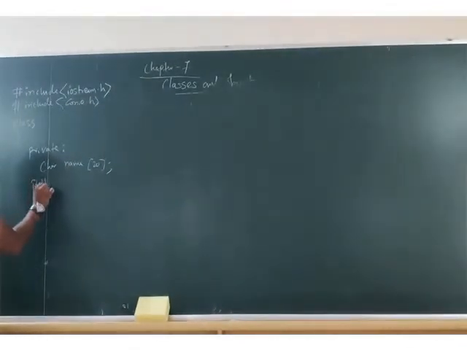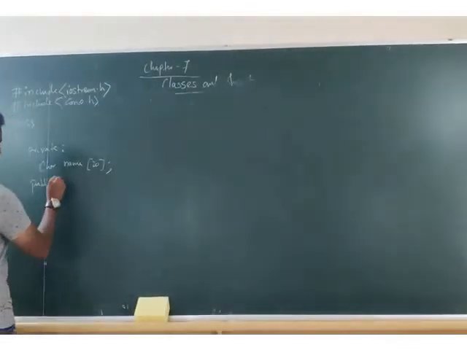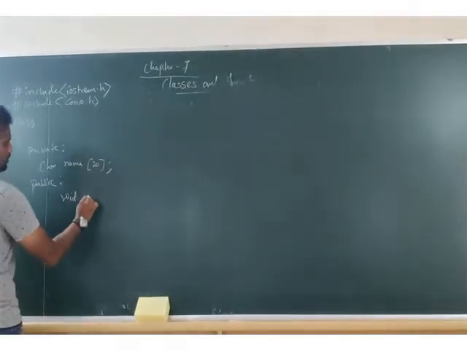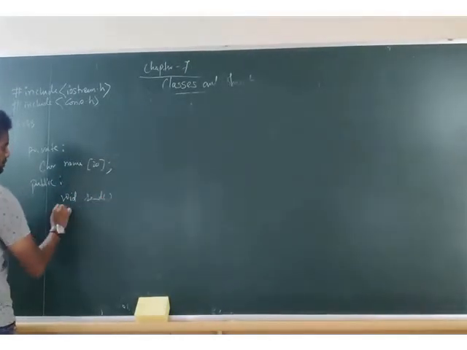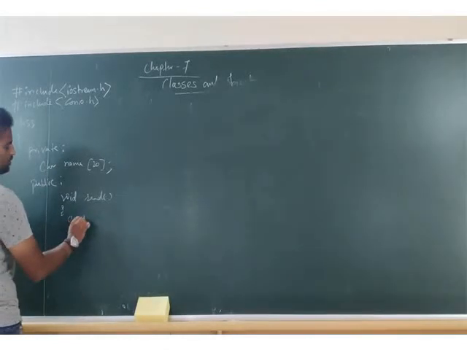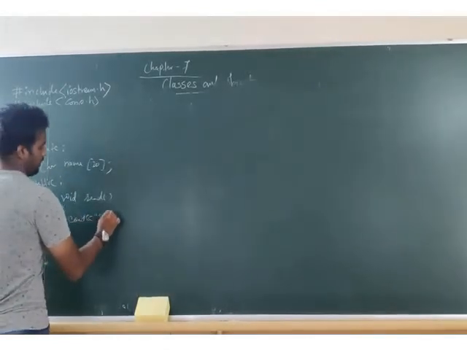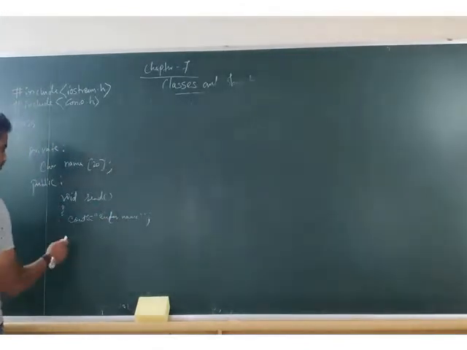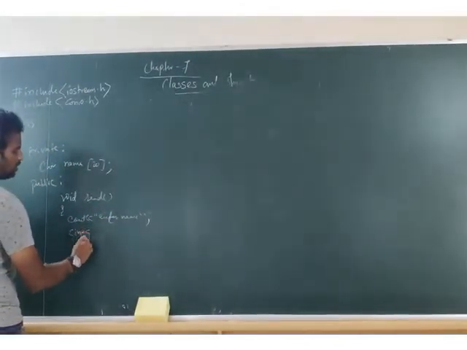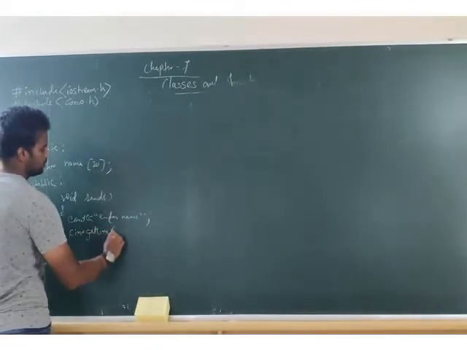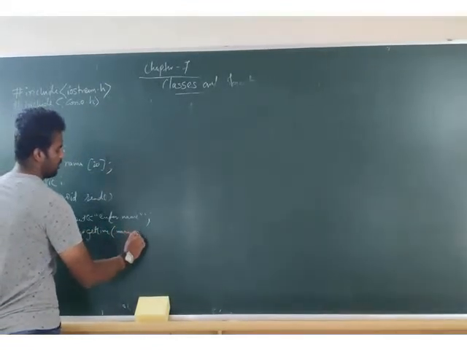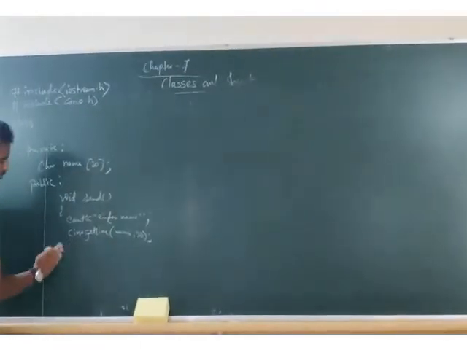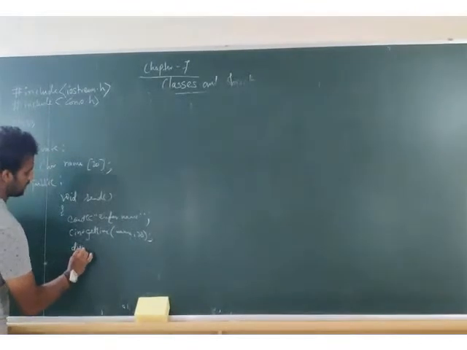Public, void read, cout enter name, cin dot getline name comma 20. Okay, this way.